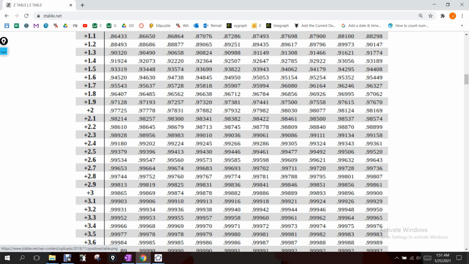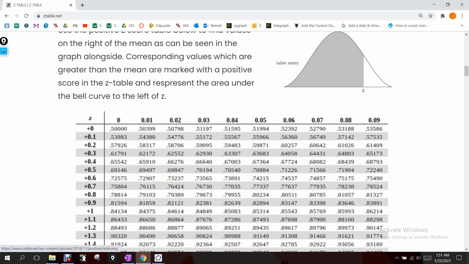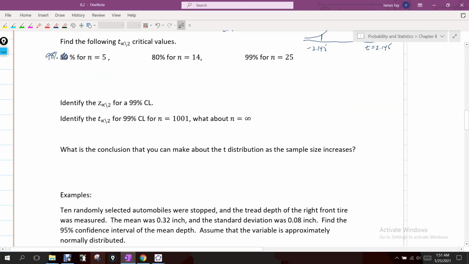That would give me then 0.995 as my area. And this one is the closest one in our table to 0.995. So we'd have a 2.5 and then go up. It'd be 0.08. So 2.58 is the z-score that goes with a 99% confidence level.